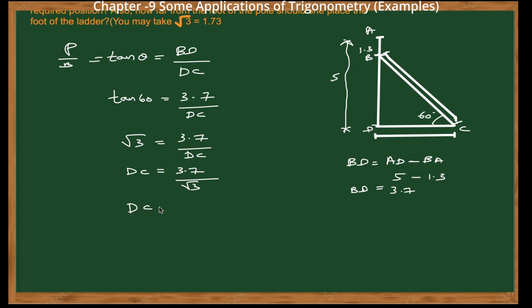DC is equal to 3.7 divided by 1.73. Since there are two decimal digits, we can assume this as 370 divided by 173, so the two decimals get cancelled.